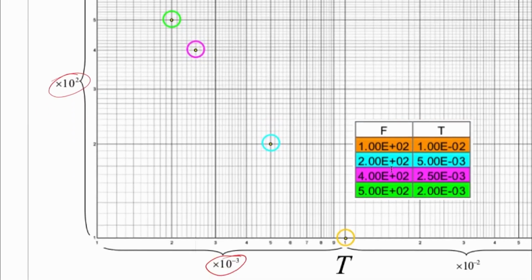So here are the 4 points drawn on. And as you can see, they fall perfectly in a straight line. And that will always happen if there is a fixed relationship in the data. No matter how weird the relationship is, provided that the nature of the relationship does not change during the data set. So for example, that it doesn't go from a squared relationship to a cubed relationship.